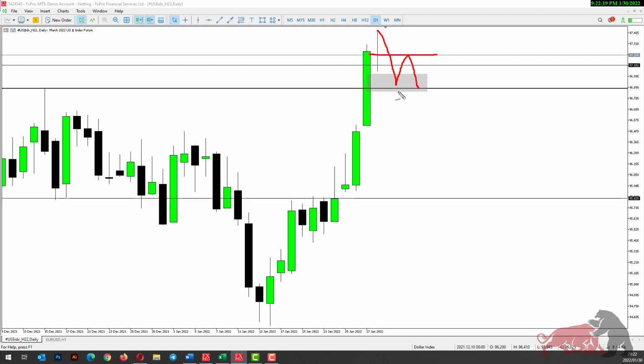You see, I'm expecting that to be mirrored on dollar index. That is to say, we should get at least a bearish close on dollar index. Whether it's Monday or Tuesday, I'm not sure. We have to wait and see. But you can already see the indecision that we got on Friday.